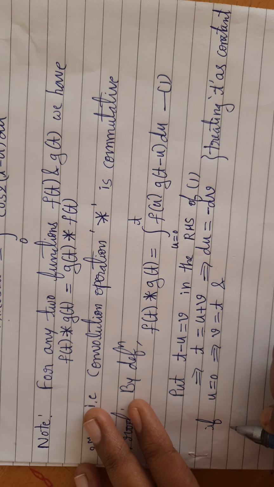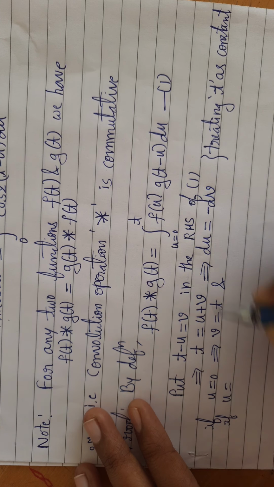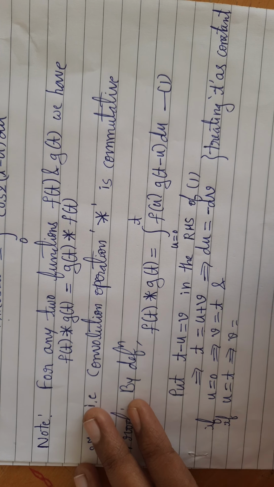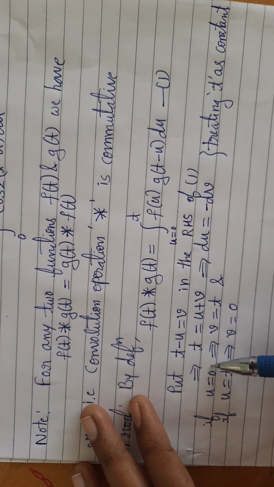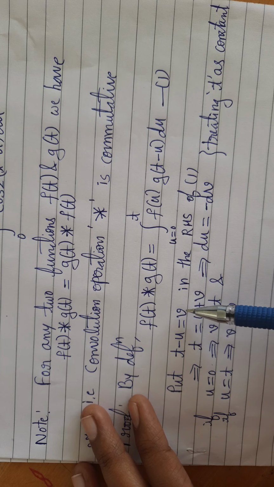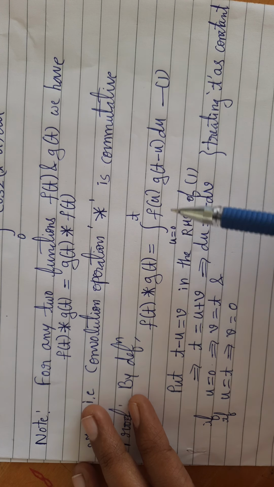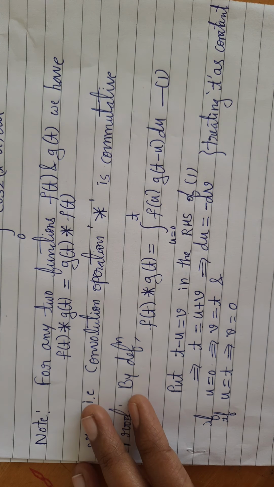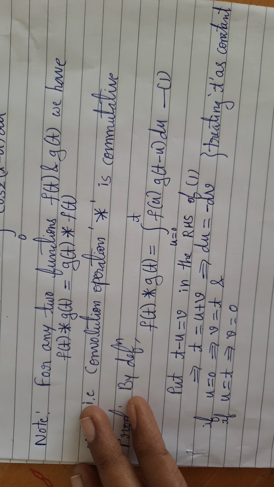And if u equals the upper limit t, that implies v equals t minus t, which is 0. So v becomes 0. So 0 to t becomes t to 0, and whenever t minus u is there, you can replace it by v. That is in the RHS of equation 1.